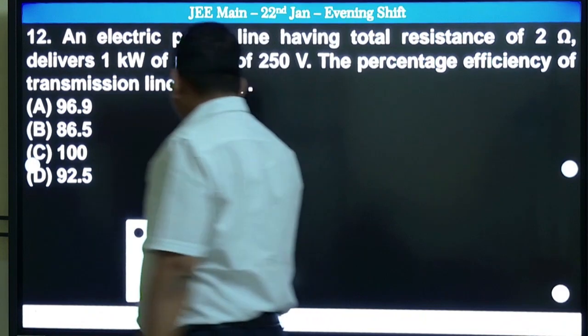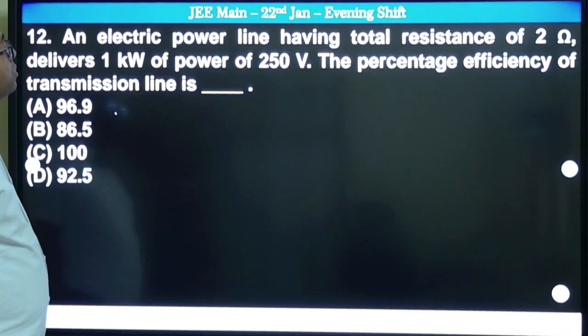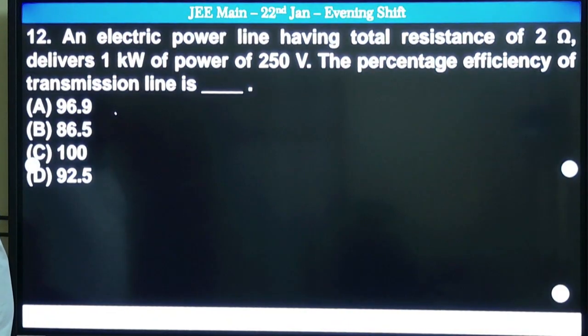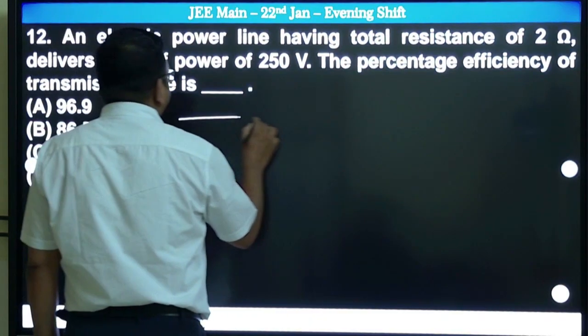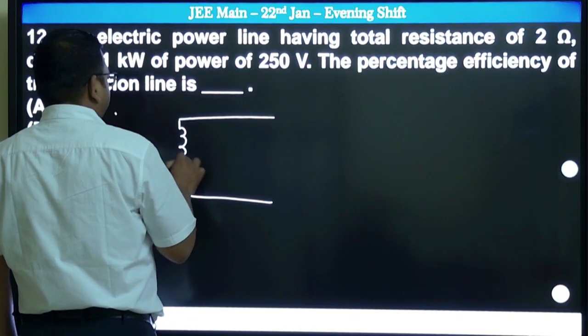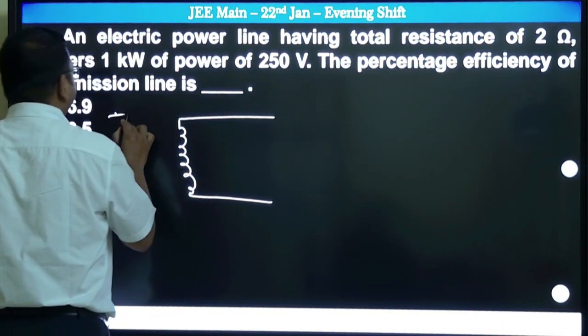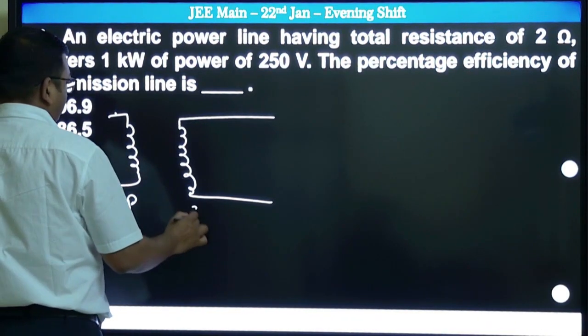Question number 12. An electric power line having total resistance of 2 ohm delivers 1 kilowatt of power at 250 volt. Find the percentage efficiency of the transmission line. So there is a transmission line. This is like the secondary side, and in a transformer this is like the primary side.